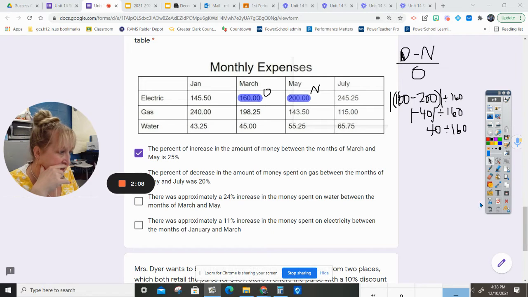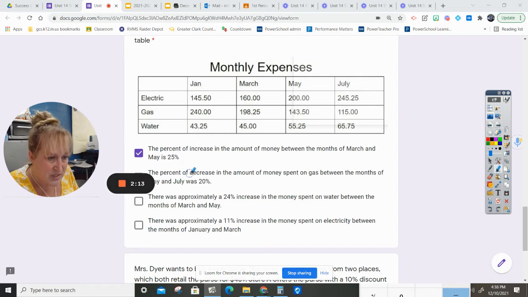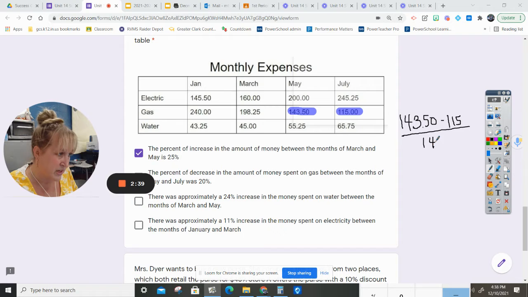All right, now let's erase everything. We've got to check the next one. So the percent of decrease in the amount of money spent on gas between the months of May and July was 20%. So I'm going to do my 143.50, subtract the 115, all over the 143, or divided by 143.50.